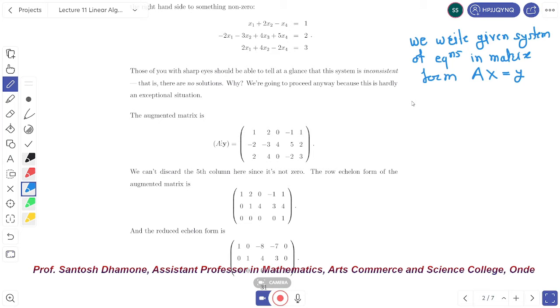For this, matrix A: the first column is the coefficients of x1, which are 1, minus 2 and 2.